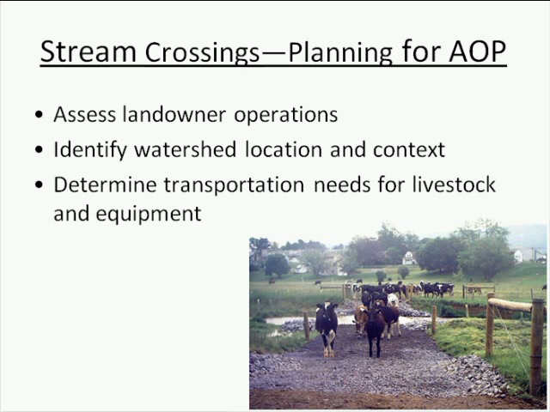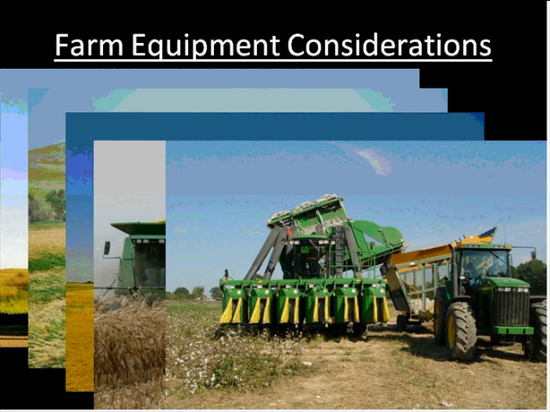The nature and extent of a landowner's operations are key pieces of information needed to determine use and locations of crossings on a property. For example, an essential part of designing crossings involves knowing the types of equipment used on a farm and the number and kinds of livestock that might be using a crossing structure. The type of equipment used on a farm has a direct influence on the type and design of a low water crossing.